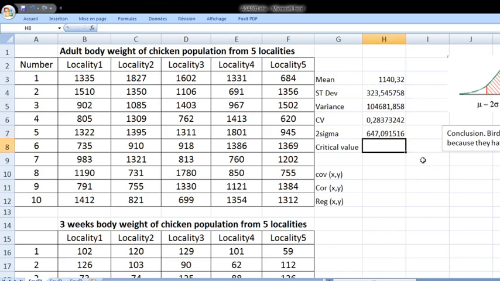Here I have my 2 sigma. Now our critical value is equal to the mean plus then my 2 sigma, then validated, and here I have my critical value.